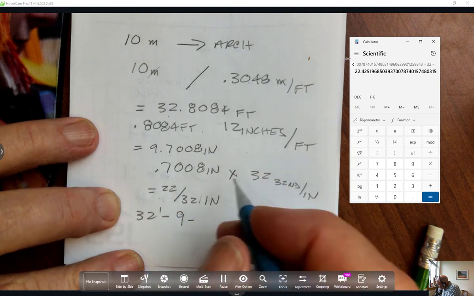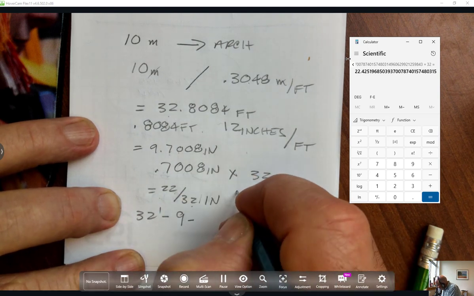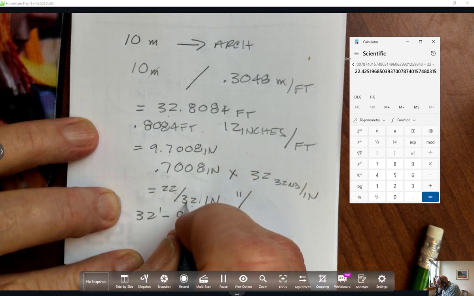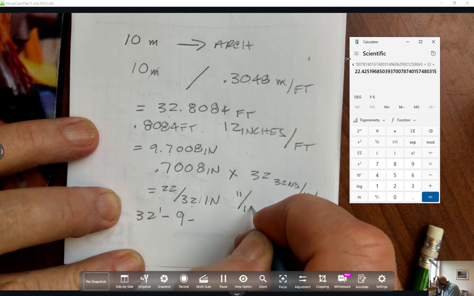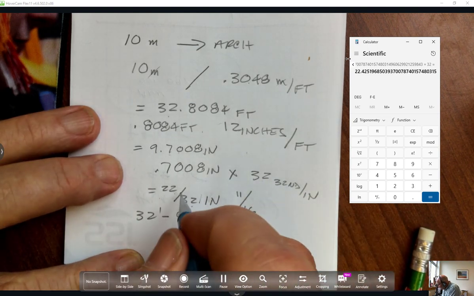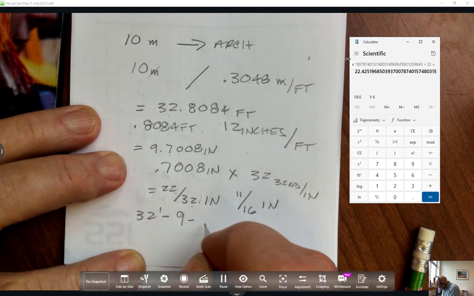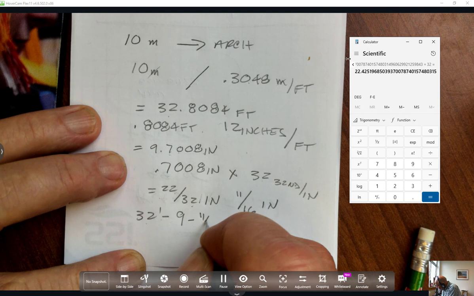So we'll start by taking half of this and half of that. Half of 22 is 11. Half of 32 is 16. So 11/16 is the closest value to that number. That's also in inches, so 32 feet 9 and 11/16 of an inch.